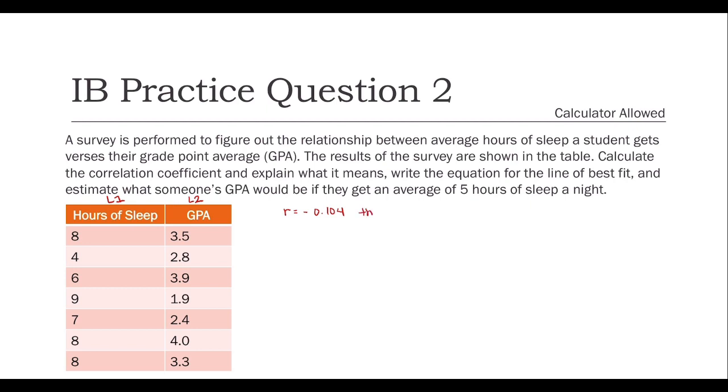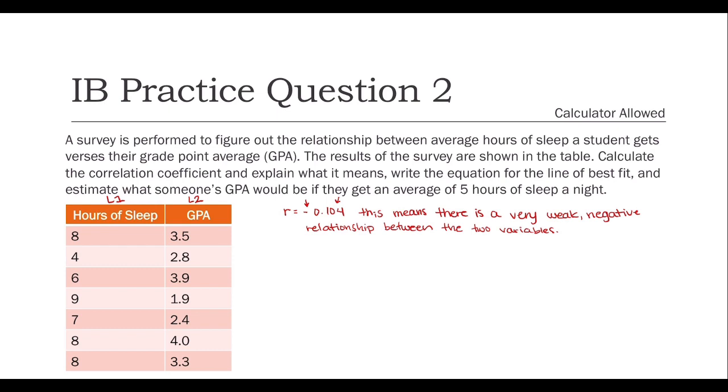So this means that there's a very weak negative relationship between the two variables. So because it's negative, that's why it's a negative relationship, and it's weak because it's almost zero. There's almost no relationship at all.